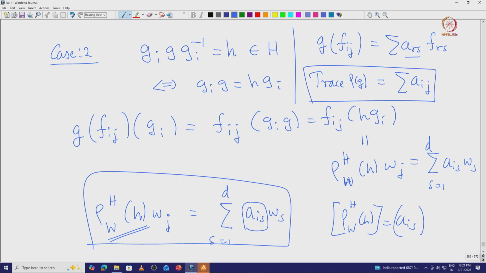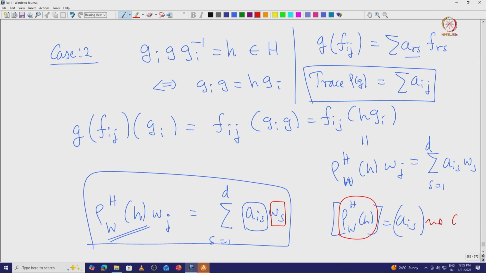So, that is the thing. Now if you are interested in looking at this Aij, look at this operator h acting on W, then the diagonal entry of this operator rho W of h. What will be the ijth diagonal entry? Then we will be looking at exactly the Wjth coefficient of this, which is exactly Aij.